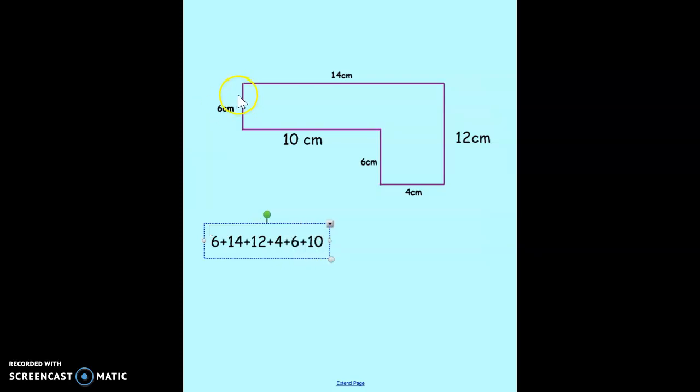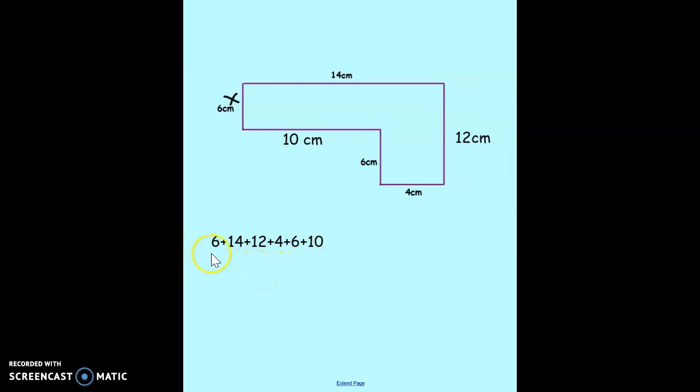And it might have been handy if I'd just put something to indicate that this is where I was starting, so that when I got back to the beginning, I knew I shouldn't add together that side again. So 6, 14, 12, 4, 6, and 10. And I don't need to put on my next 6 because I've already started there.